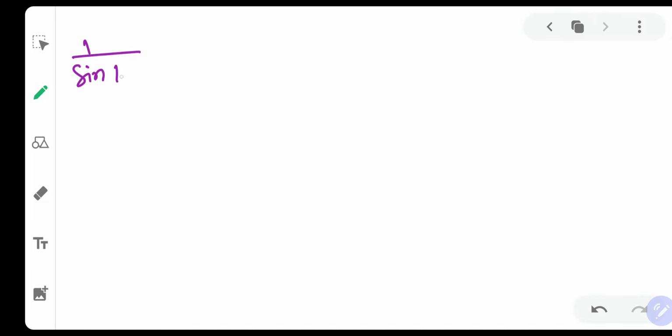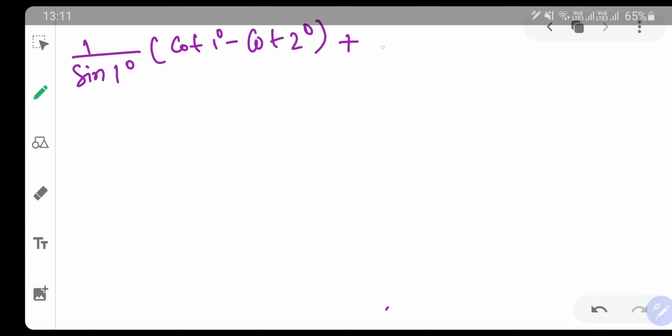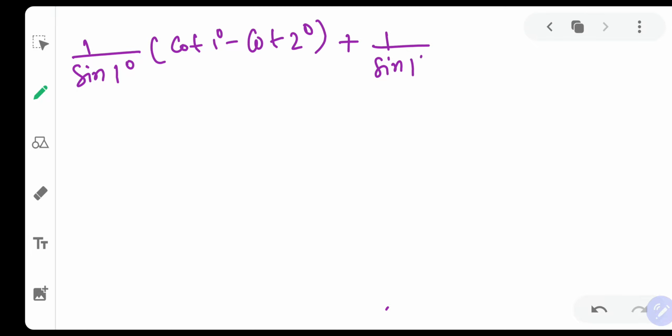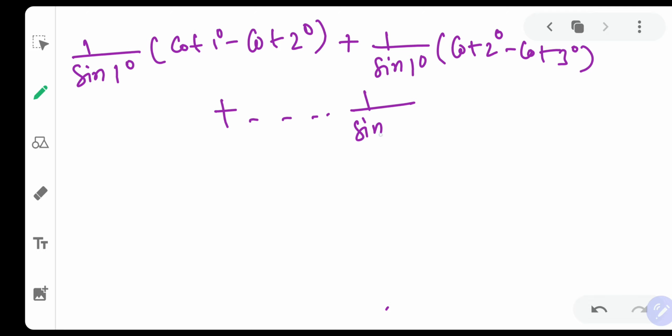1 upon sine 1 degree into cot 1 degree minus cot 2 degree, plus the second term 1 upon sine 1 degree into cot 2 degree minus cot 3 degree, and so on, up to 1 upon sine 1 degree into cot 89 degree minus cot 90 degree.